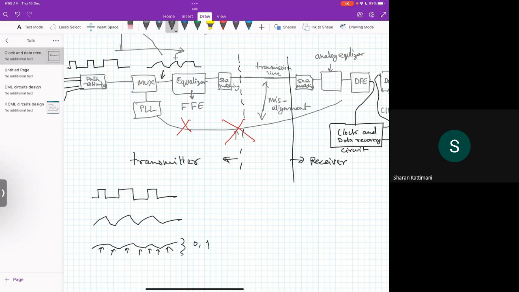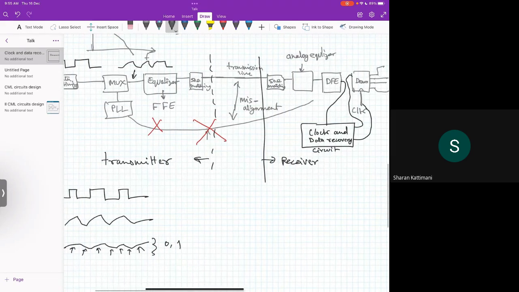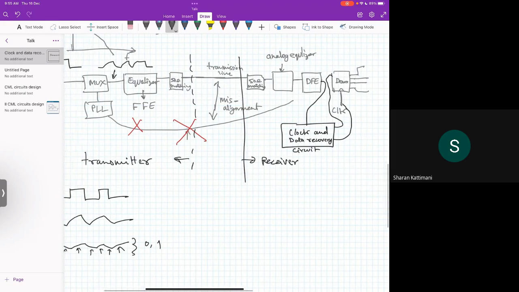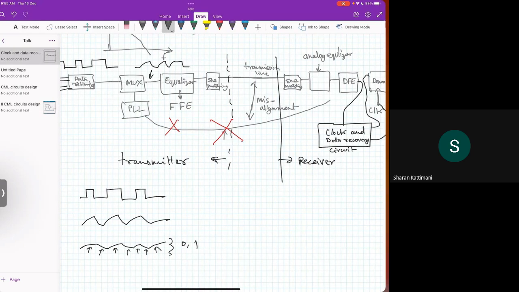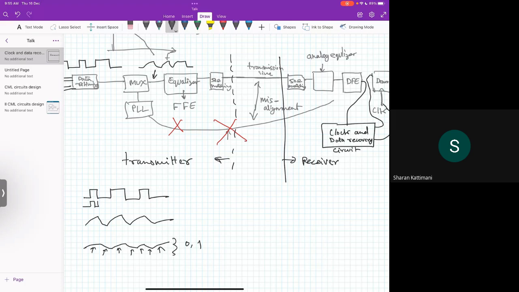But there is another problem with the clock and data recovery circuit, because as I have told you, we are going to recover the clock from the data itself. Let's assume this is the data, and the ideal clock should be something like this. This is what we want to recover. The clock can only be recovered when you have information of edges.